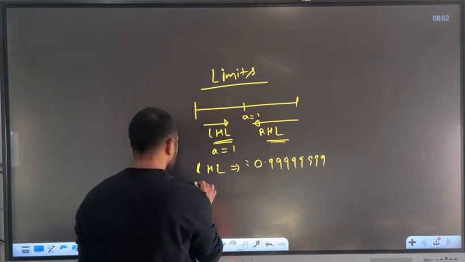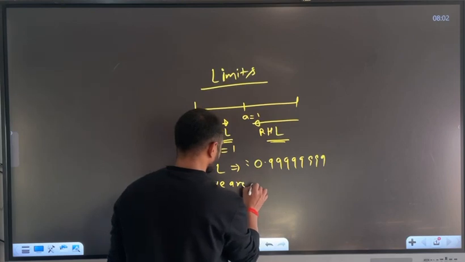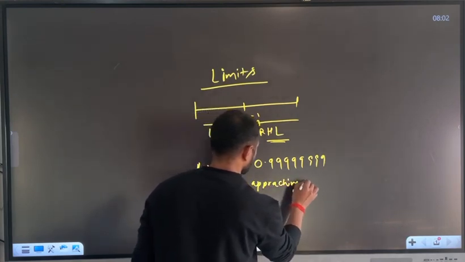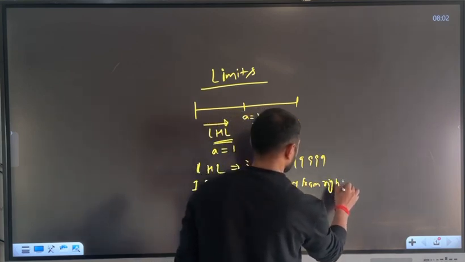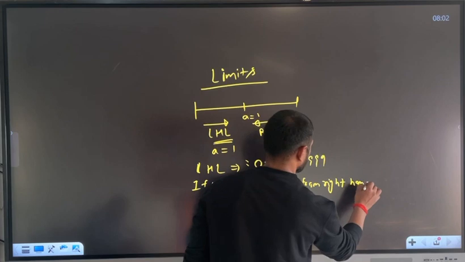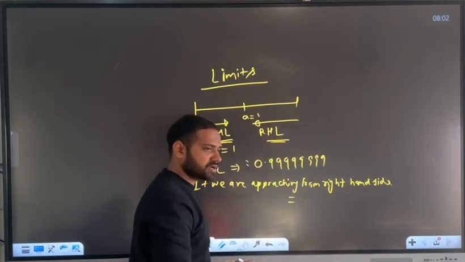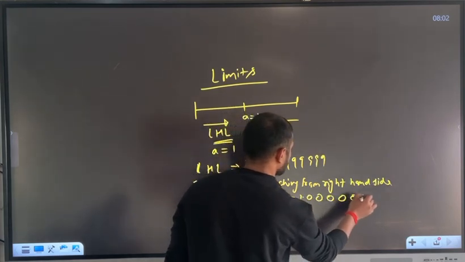In that case, if we are approaching from the right, then the number will be 1.000001.